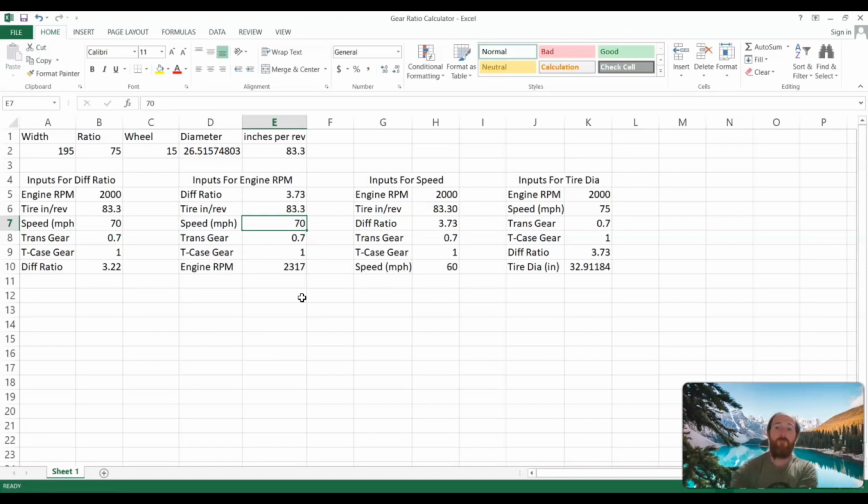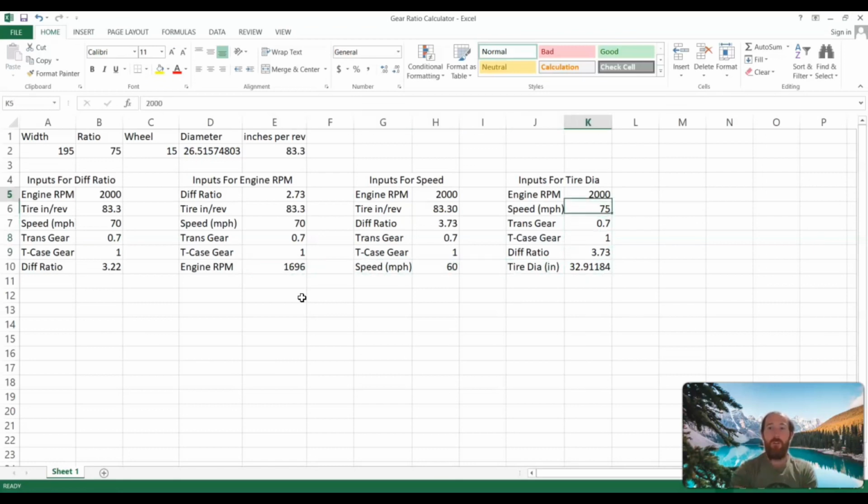Let's see. Let's put my diff ratio in here. 2.73. So 2.73 at 70 mile an hour gives me, I was at 1600 RPM, almost 1700 RPMs. So if I wanted to have exactly the same driving like it did stock, what size of tires would I want to put on it?